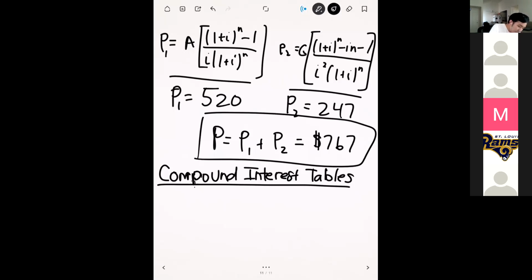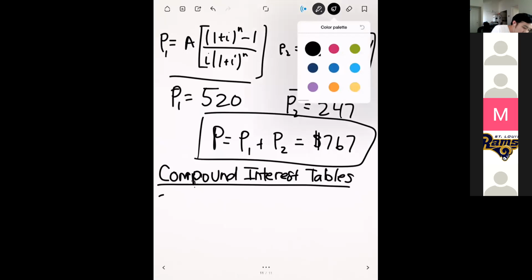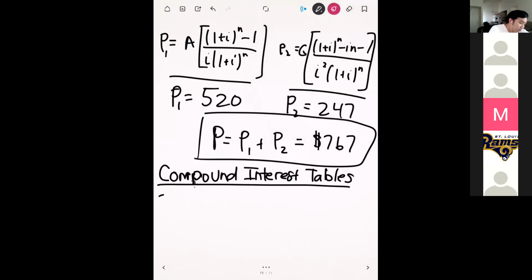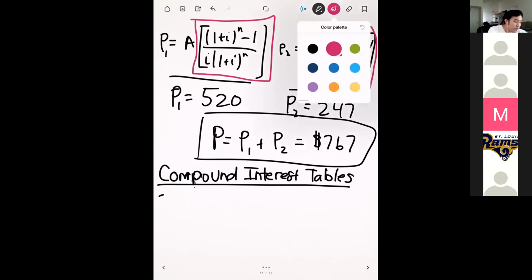The way they do this is, if you look at this formula, and let me use a different color to illustrate, if we ignore the A in this one and look at just this part right here, you'll see there are only 2 variables in there.